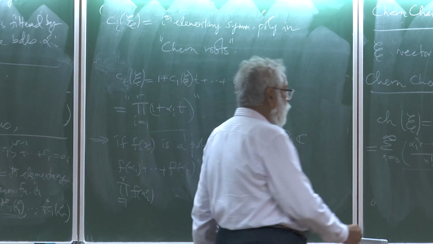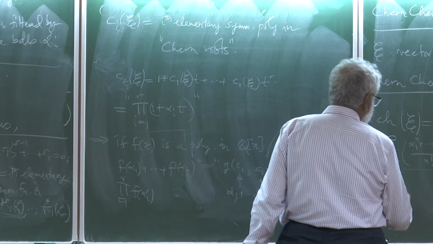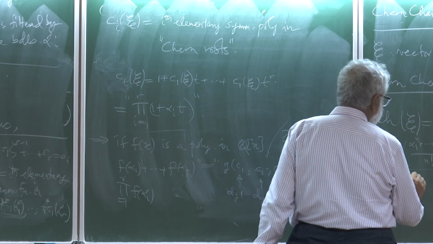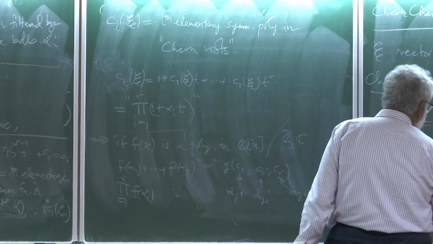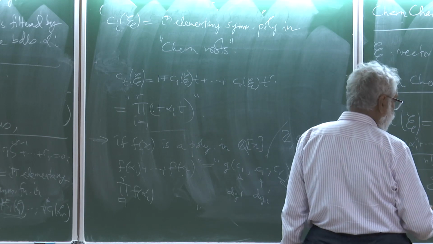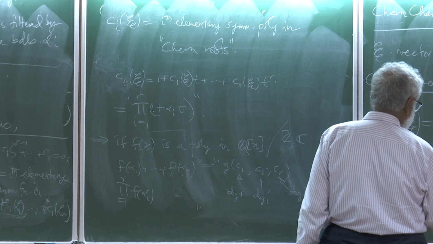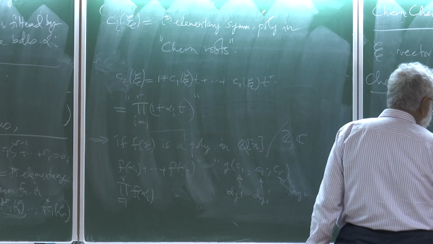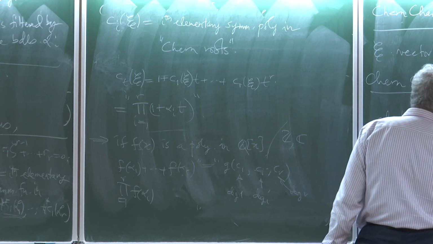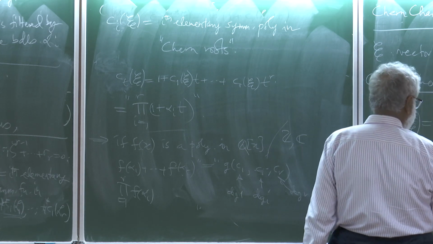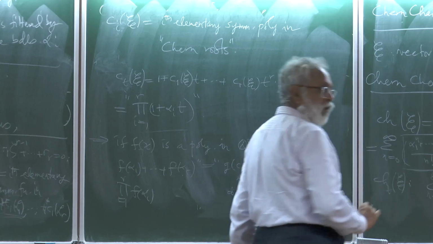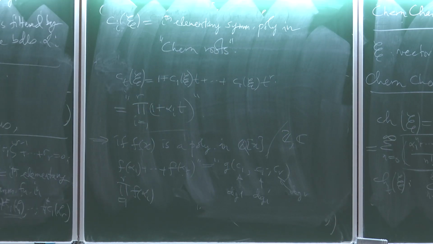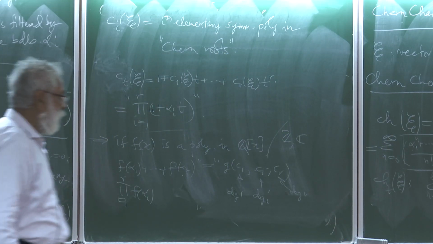So the Chern character of E is by definition, or I can think of ch_t(E) if I want, as the sum over n equals 0 to infinity of ch_n(E) times t raised to n, where ch_n(E) is the thing obtained from this symmetric expression. Right? That makes sense.